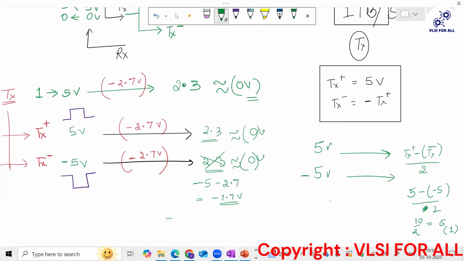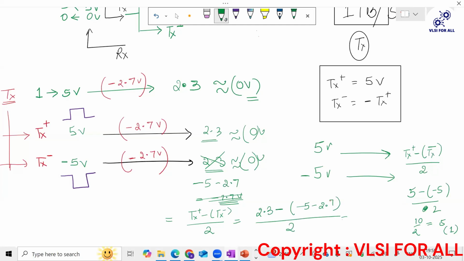Now, if you want to calculate the actual value, how will you do it? (tx plus minus of tx minus) divided by 2. So it will become, let me take directly this number, 2.3 minus of minus 5 minus of 2.7, divided by 2.